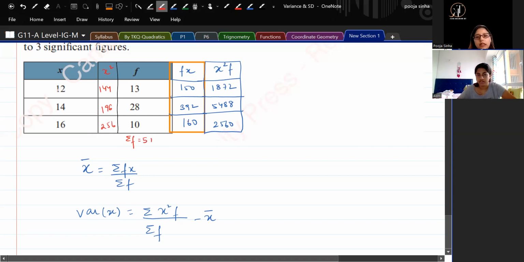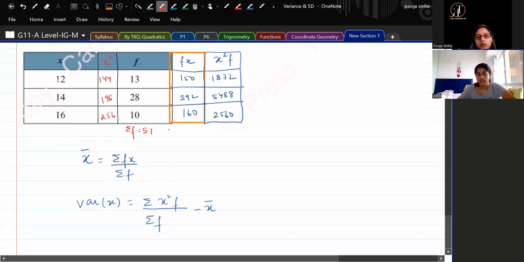Then we also need sigma fx, and sigma x square f. We need the sigma of all three.